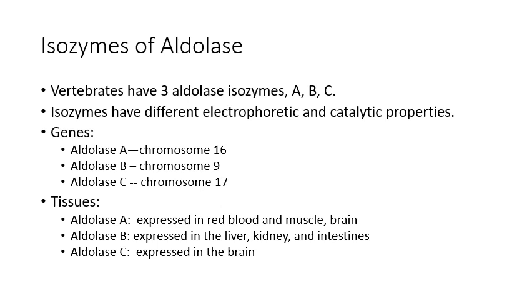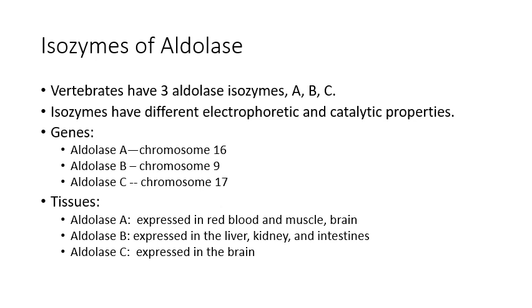Aldolase has isozymes. Vertebrates have been shown to have 3 aldolase isozymes called A, B, and C. These isozymes have different electrophoretic and catalytic properties. The genes for these isozymes are found on different chromosomes. A is found on 16, B is found on 9, and C is found on 17.